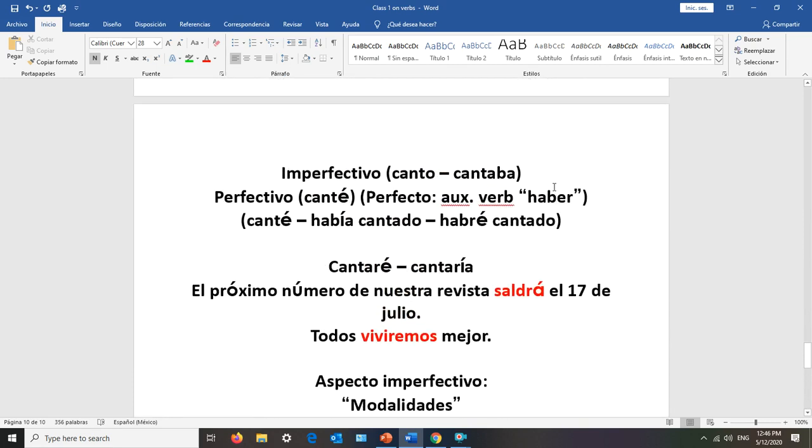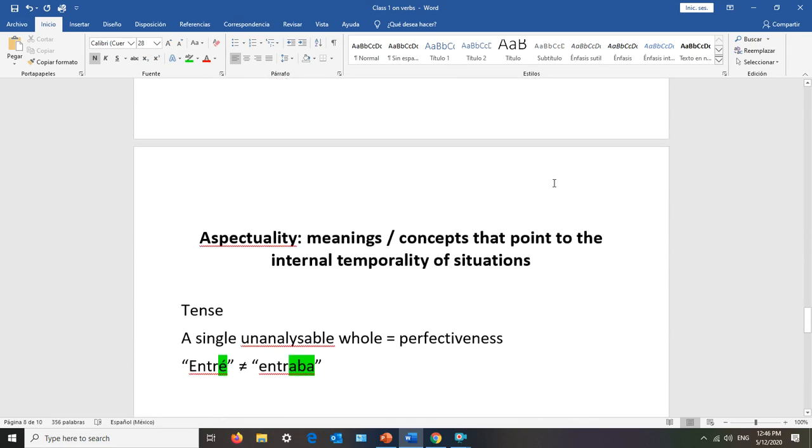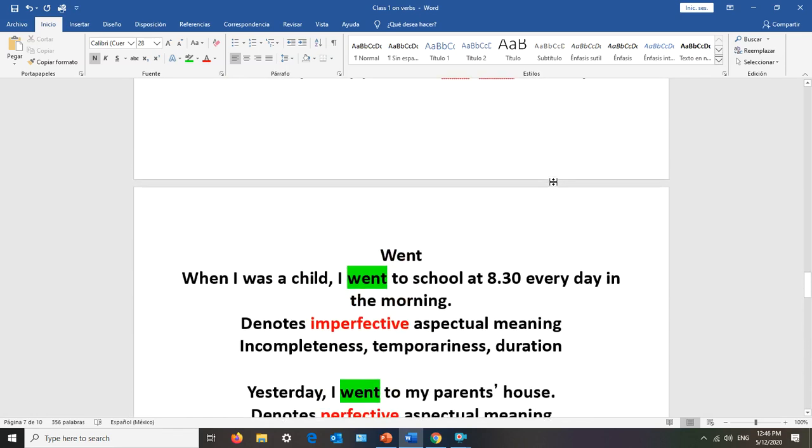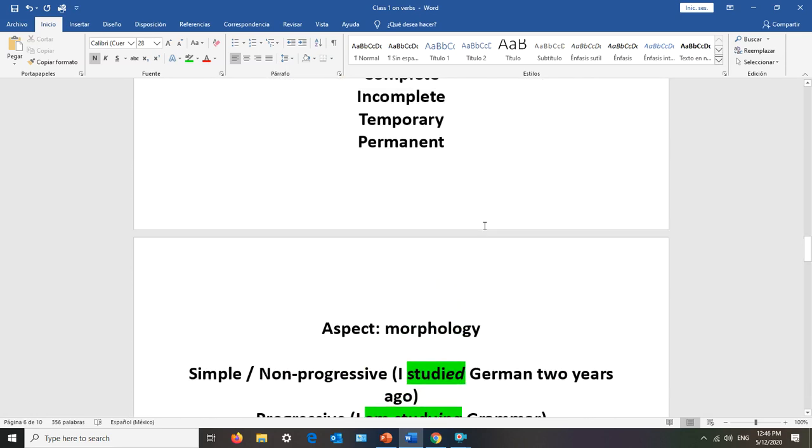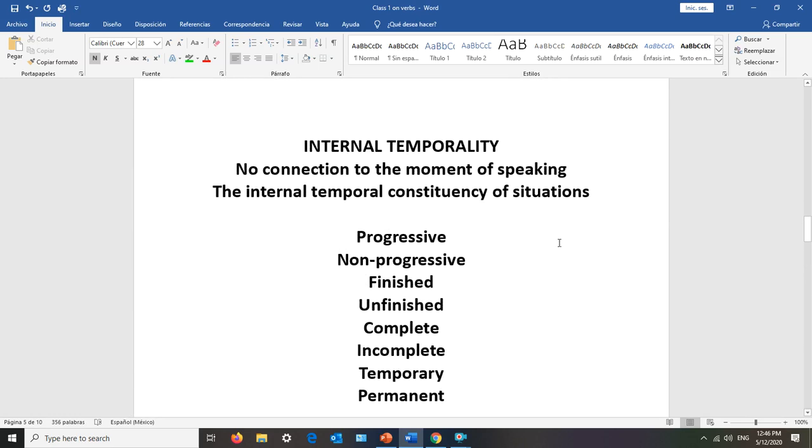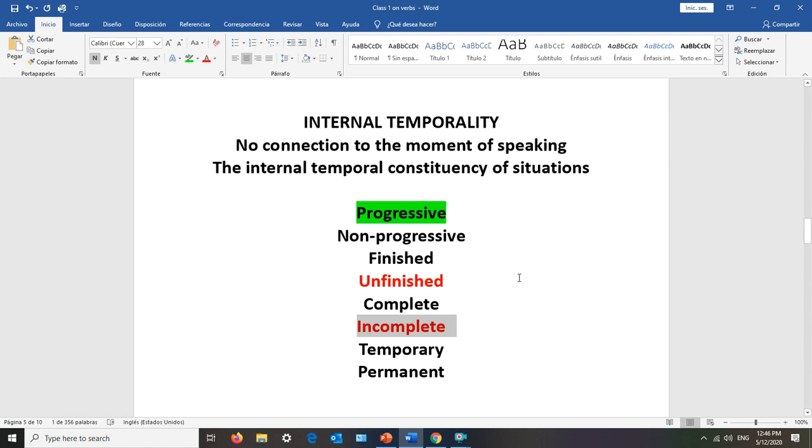This is different from what happens in English and the association that we can make between progressive forms, right? And notions such as unfinished, notions such as incomplete, notions such as temporary. More than one of these notions in red may be at stake when the form is progressive in English.